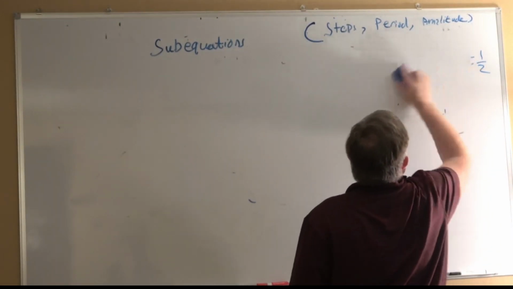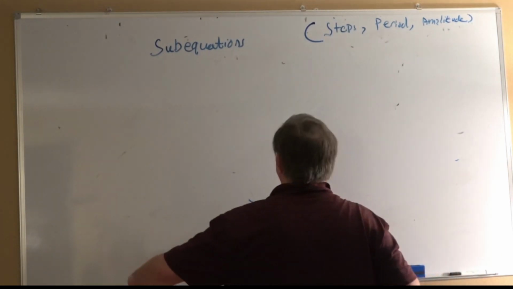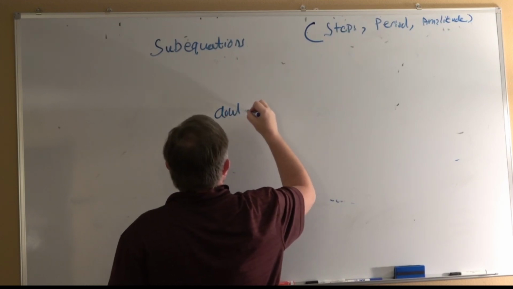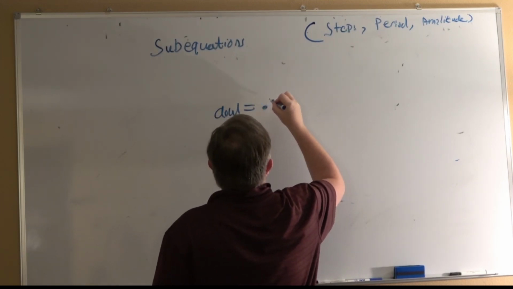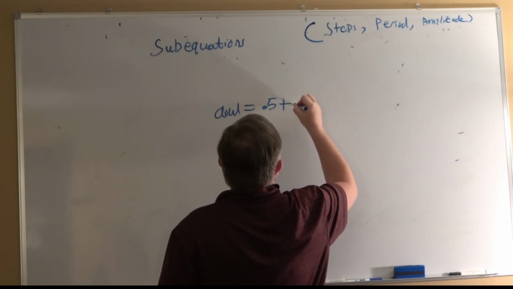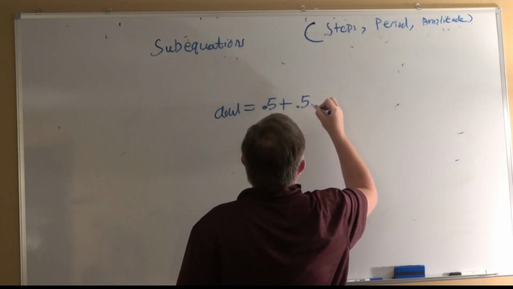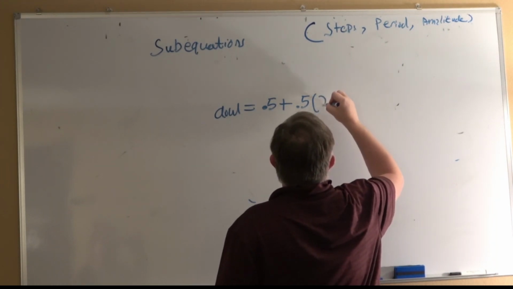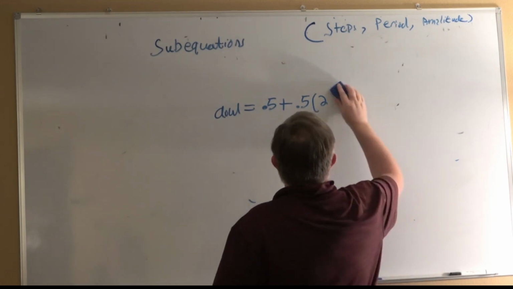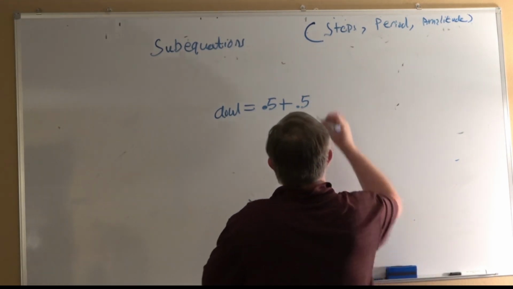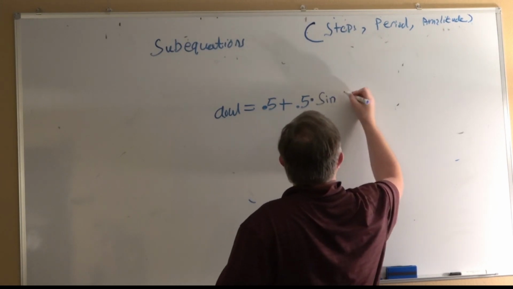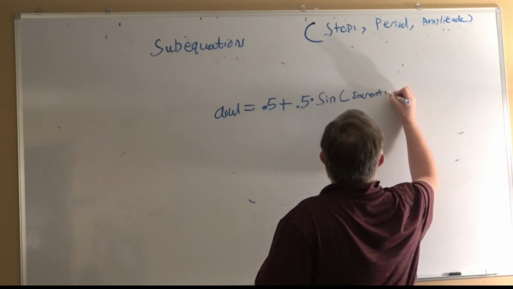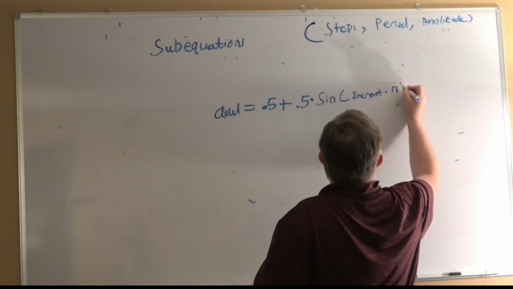Your main driving equation is going to be A out equals 0.5 plus 0.5 times sine of the increment times pi.